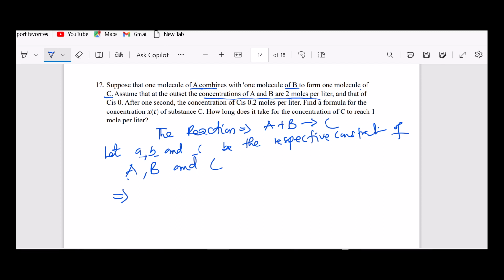So we require 1 mole of A to form 2 moles per liter. So the concentration of A is 2 moles per liter, and each of them is 2 moles per liter.